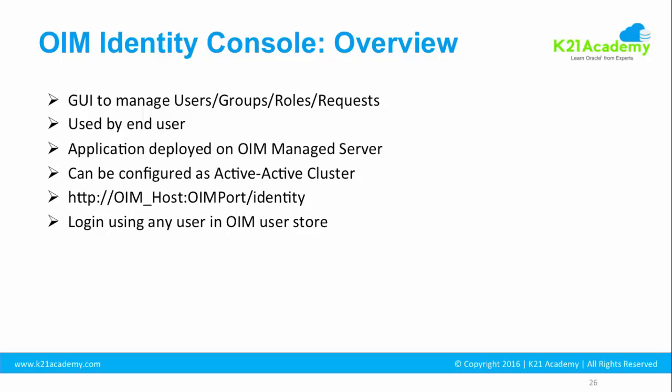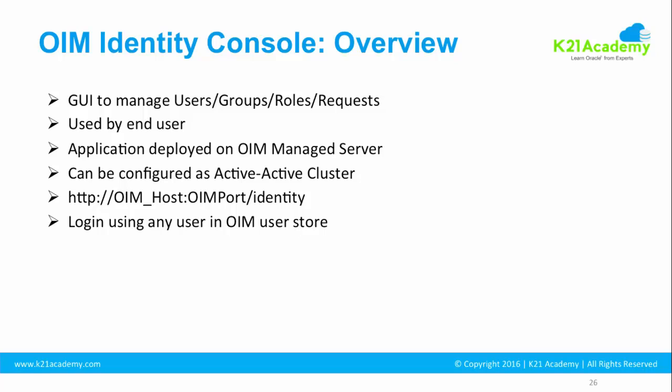Now if you are using Oracle Access Manager as a single sign-on URL to the application, then you also sync this user from Oracle Identity Manager to the OID or OUD using LDAP sync, and Oracle Access Manager authenticates against that source. So in a typical enterprise deployment, you will be protecting this identity console via Oracle Access Manager single sign-on server, and then you use Oracle Access Manager to log into Identity Console.